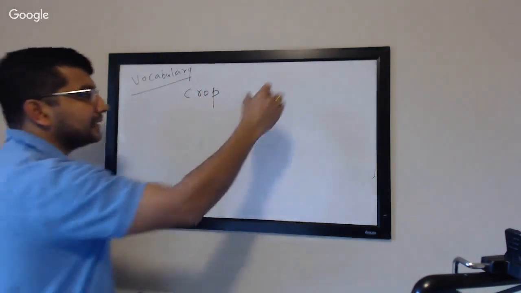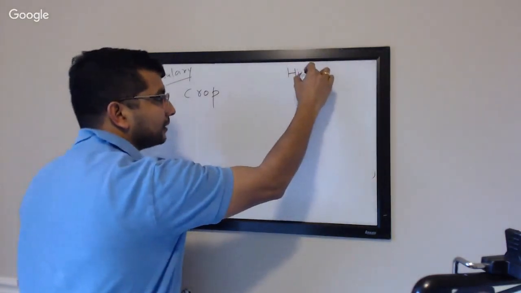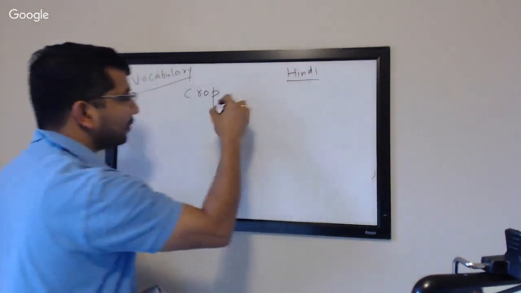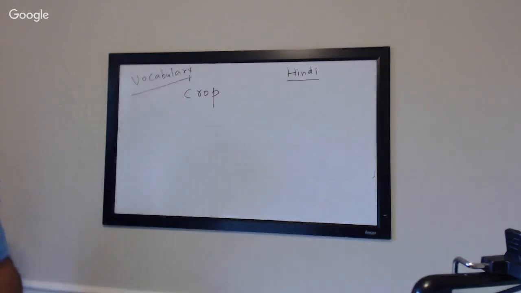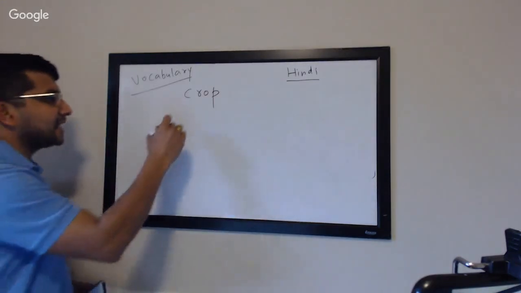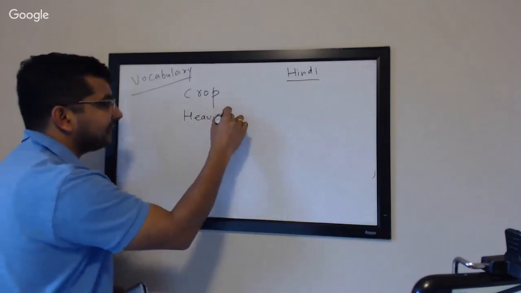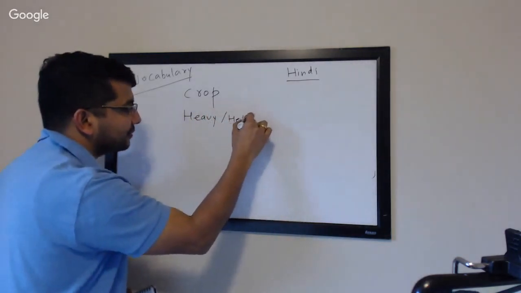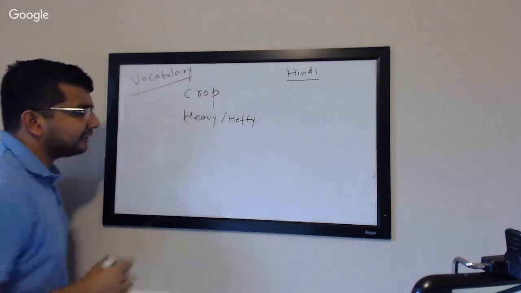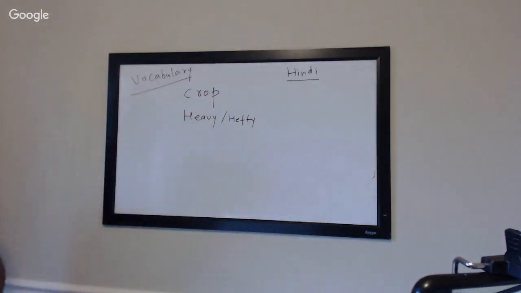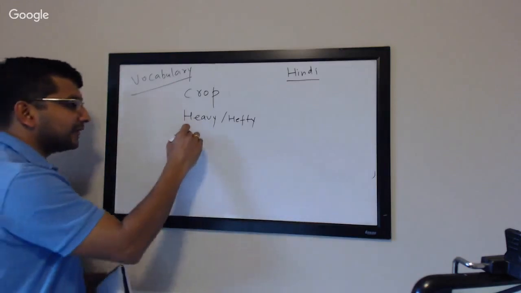What's crop in Hindi? For those of you who already know, you can definitely attempt it. The next one is heavy, or hefty in this case. Purposely I tried to use heavy in a different way, hefty. The next one I have is loss.